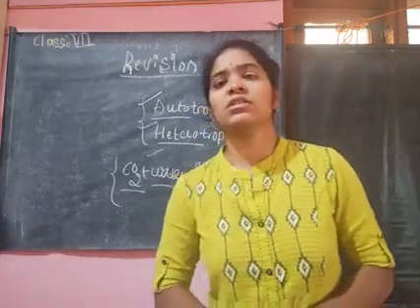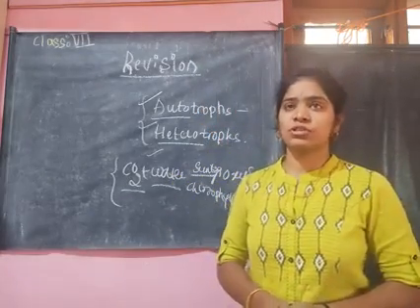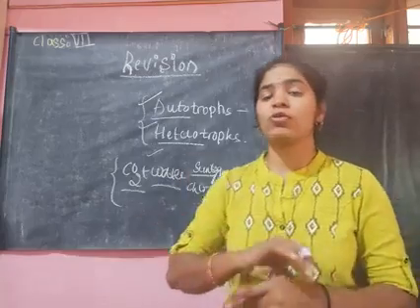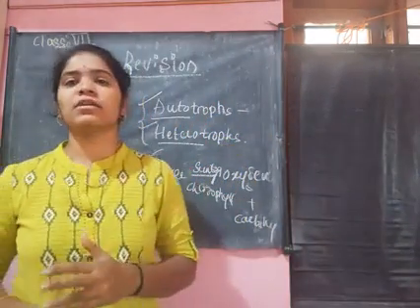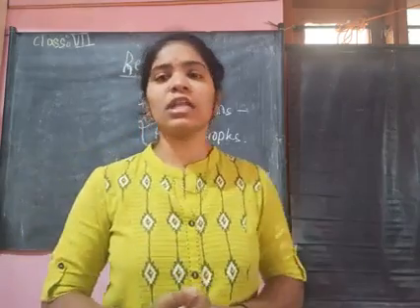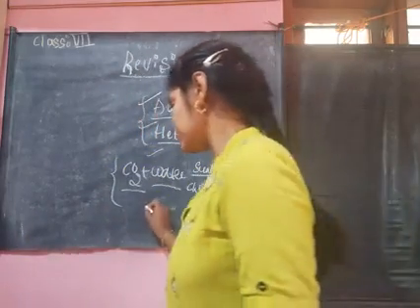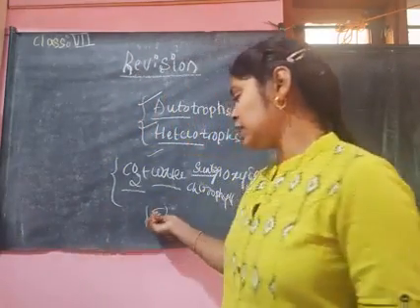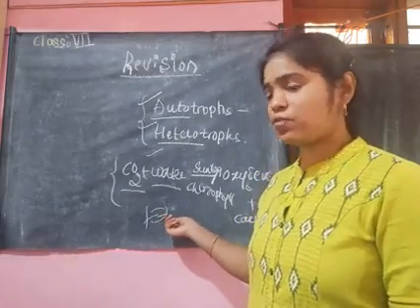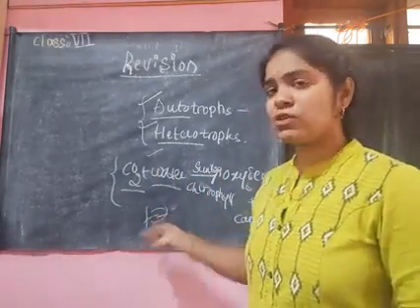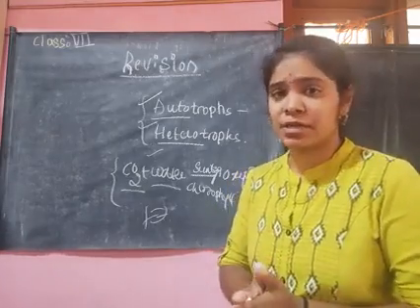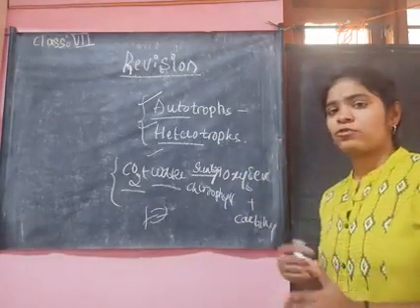The next one is how plants get their nutrition and how it all takes place. This all happens in the plant part called the leaves. In the leaves, the plants prepare their food using all these materials, and the leaves contain a green pigment that is necessary for photosynthesis.